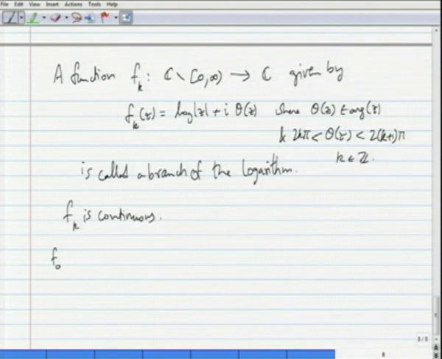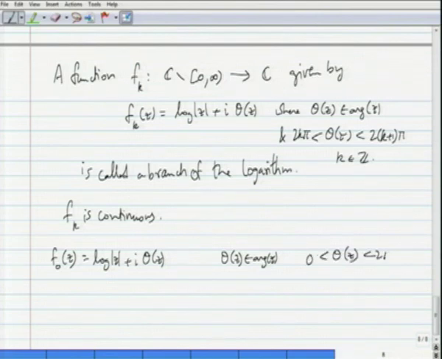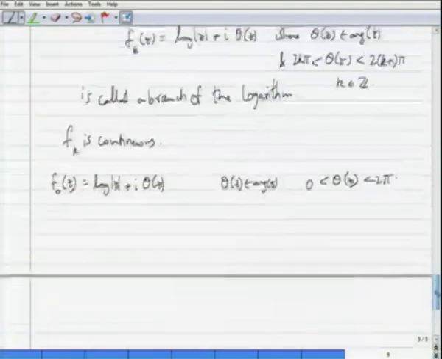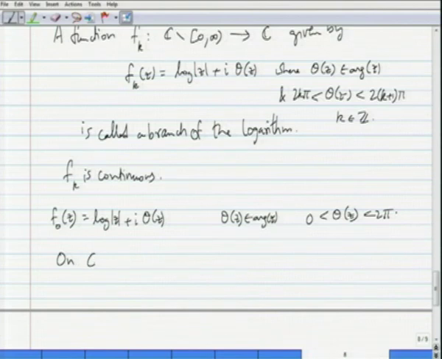Let us look at f_0 of z, which is log mod z plus i times theta of z, where theta of z belongs to the argument of z and lies between 0 and 2 pi. On C minus [0, infinity), by construction, e to the power f_0 of z is equal to z.